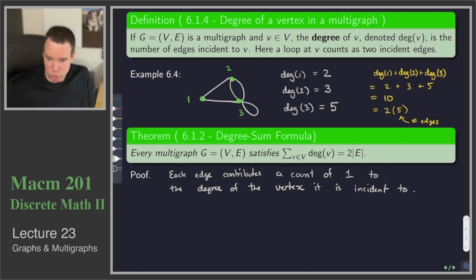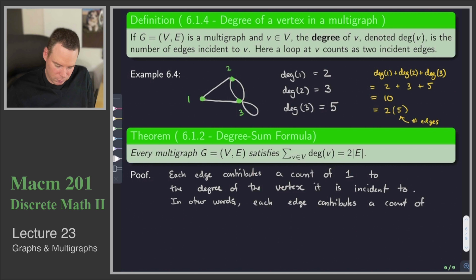So each edge contributes the count of 1 to the degree of the vertex it is incident to. In other words, each edge contributes a count of 2 to the sum.